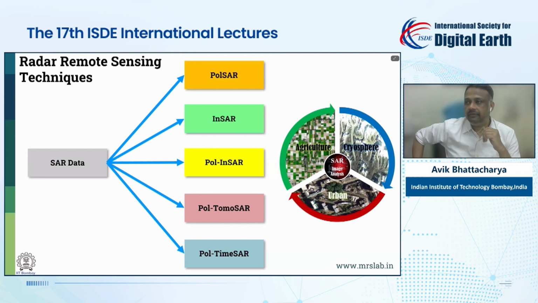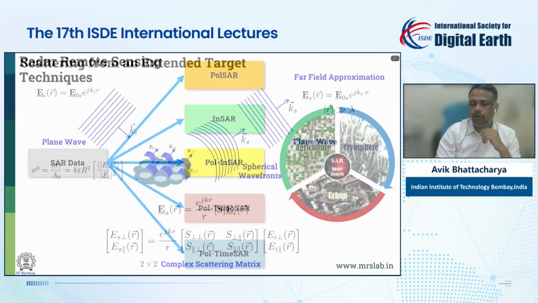All these are available, with more and more datasets coming into the picture, and of course with the advent of the satellites that will be there in the near future. In our group at this center, we work mostly on agriculture, urban, and also the biosphere. So what exactly are we measuring?